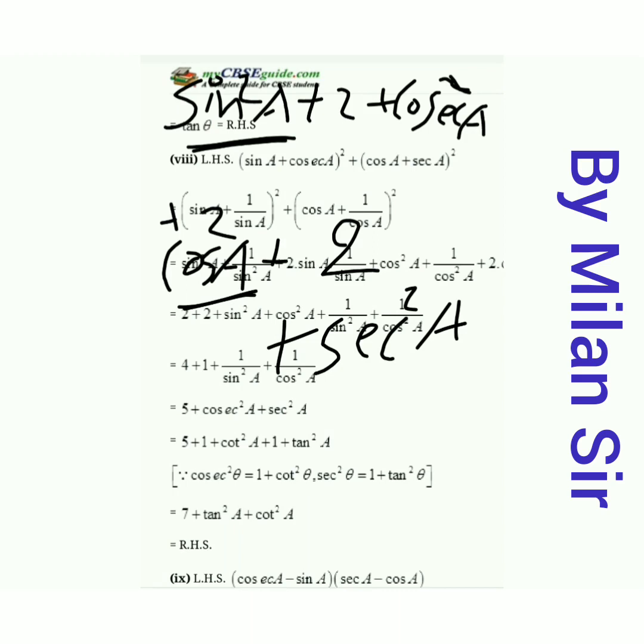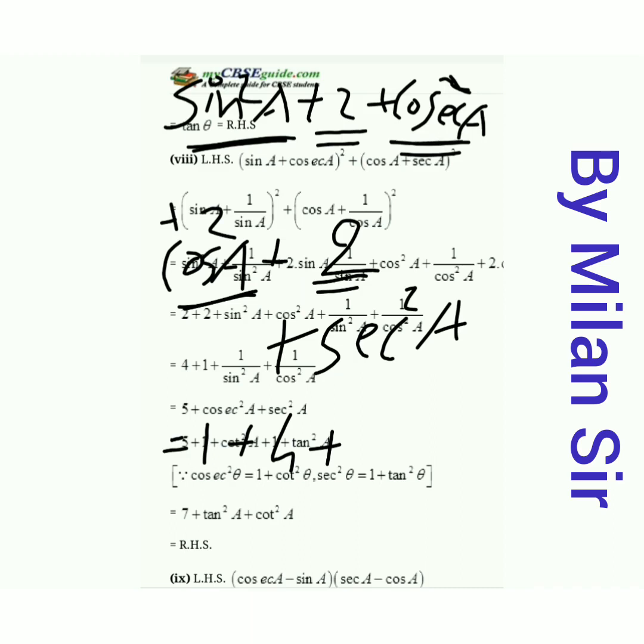So in place of sin square A plus cos square A, I am putting 1. Then 2 plus 2 is 4. Now cosec square A, but on the right hand side it is in the form of tan square and cot square A. So I need to change my cosec square A into cot square A. So what is the identity? 1 plus cot square A is equal to cosec square A.